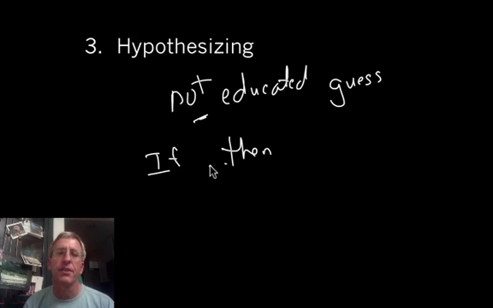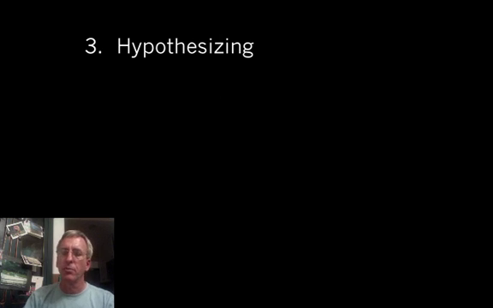If I do this, then I find that this will result. This hypothesis can never be completely correct, and it's okay if it's wrong. You're still learning something. If your hypothesis is incorrect, that's okay. But let's try and stick to using that if-then language. It'll make things a little bit more standardized for all of us.